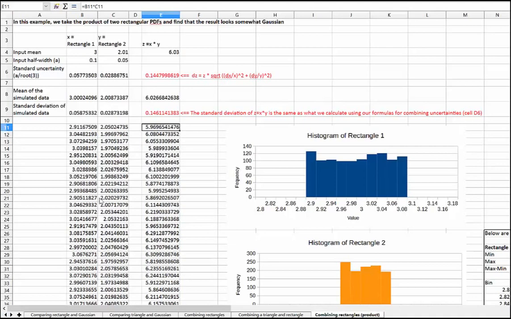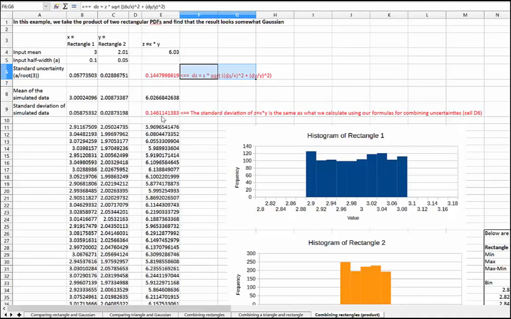The standard deviation of all these data is shown here. And if I were to calculate the uncertainty, which should be the same as this standard deviation of the simulated data, using our uncertainty propagation equation, this one over here, I get the same value that we have from the simulation.